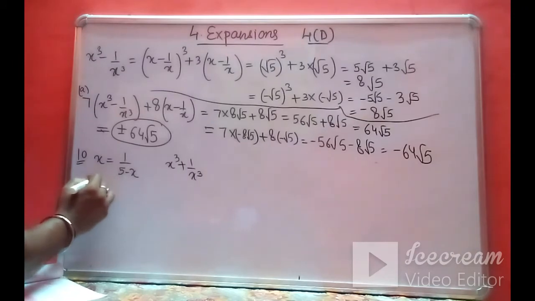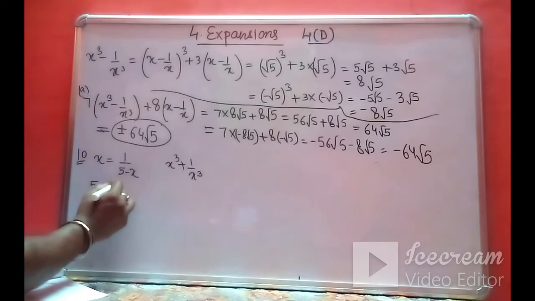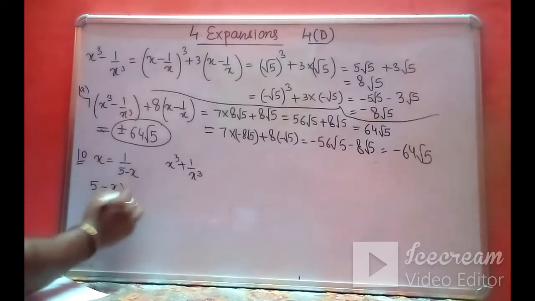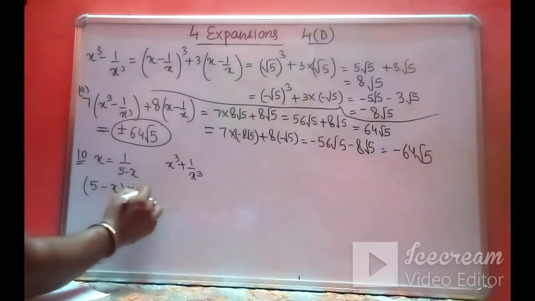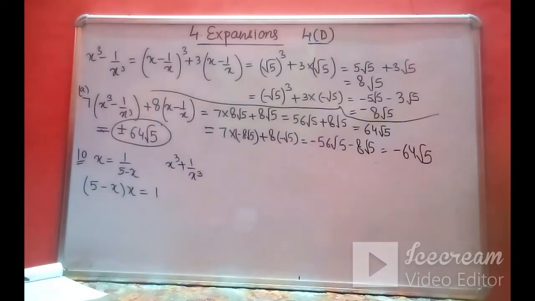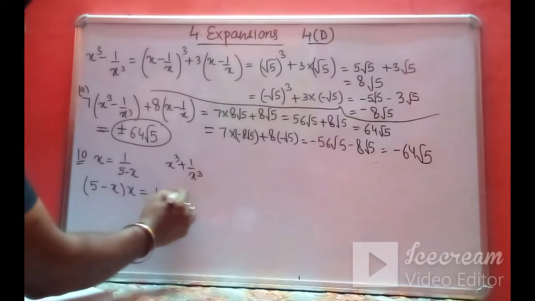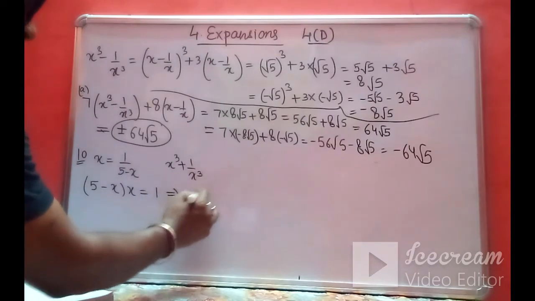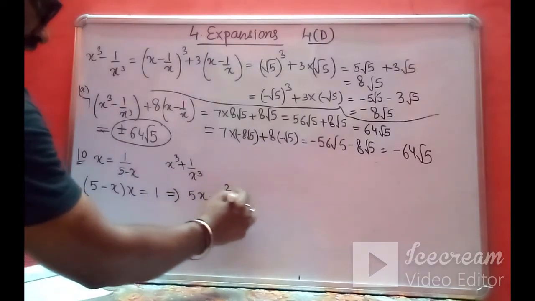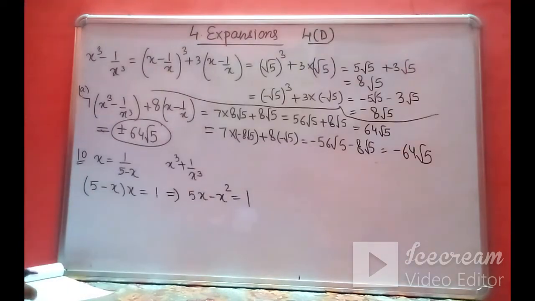So it becomes, see, 5 minus x into x equal to 1. Then we will multiply it in the bracket. So it becomes 5x minus x square equal to 1.